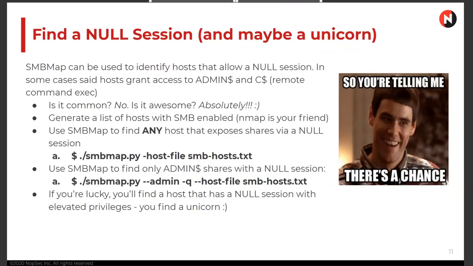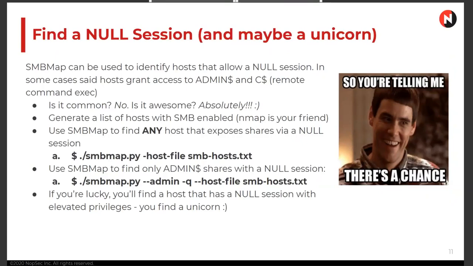If you really just wanted to find those that you had admin access on, you can do --admin. It reduces the verbosity. And if you really wanted to shrink it down more, you can do a -q, which suppresses things like authentication failures and hosts that don't have port 445 open.